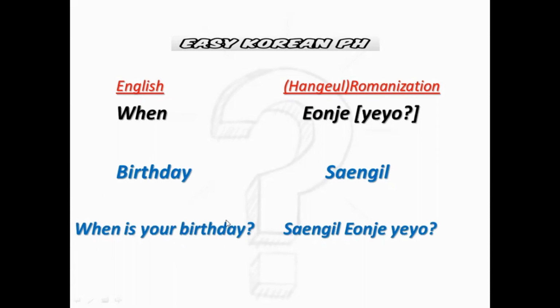So in this case, birthday is our subject, so it should be placed at the first part. Birthday in Hangul, in Korean, is 생일. First we need to mention the birthday, which is our subject. 생일 언제예요? When is your birthday?